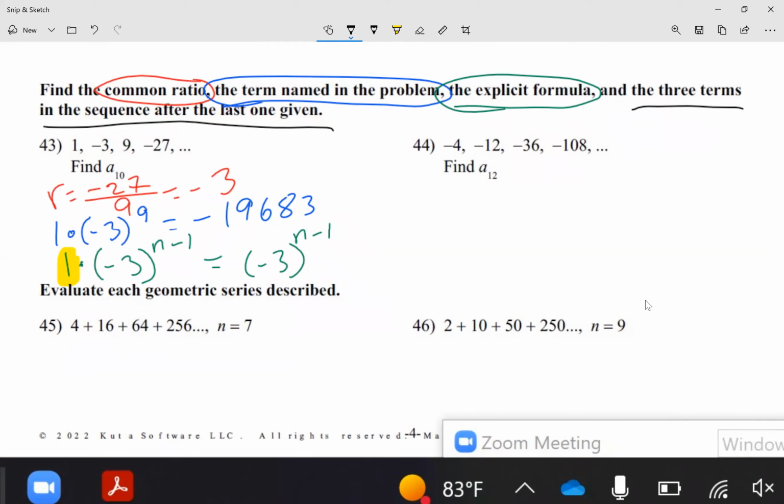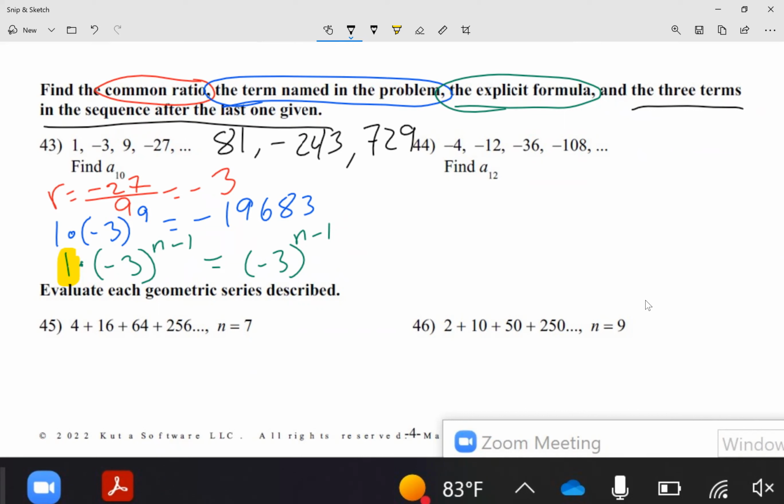Negative 27 times negative 3 gives me 81. 81 times a negative 3 gives me negative 243. And times a negative 3 gives me positive 729. So I could ask you for the common ratio, the term named in the problem, the explicit formula, or the next 3 numbers on the list.